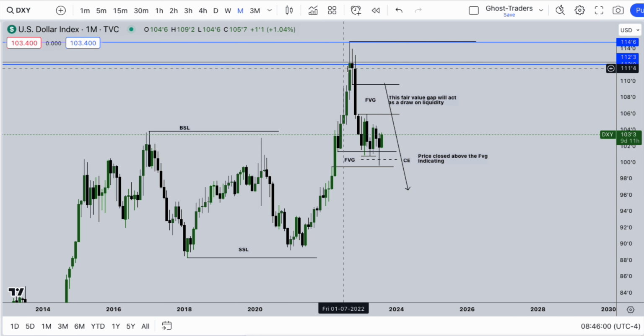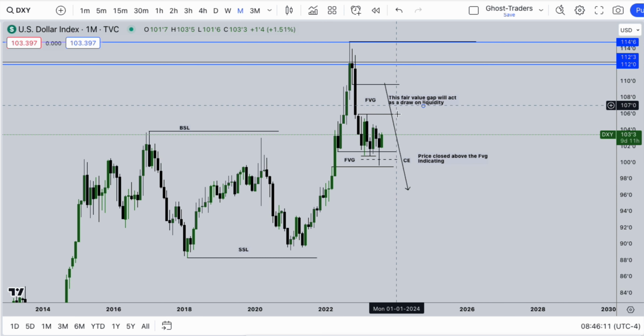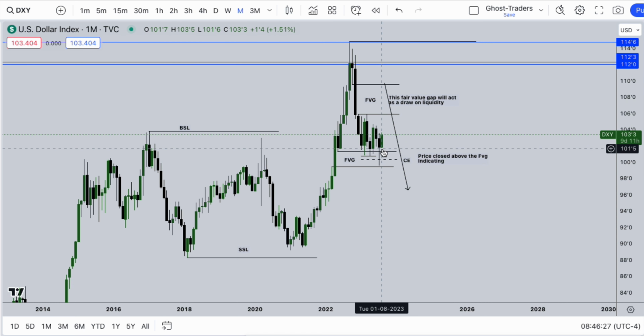And then from this level here, based on the narrative and the bias that I have, what I want to see is price getting to this level here, closing this fair value gap, and then pushing down. So that's what I have right now in my mind, based on the idea that right now price is bearish on the dollar index. Looking at the monthly institutional order flow, price is bearish. So I just want to see price pushing up and getting to this level.